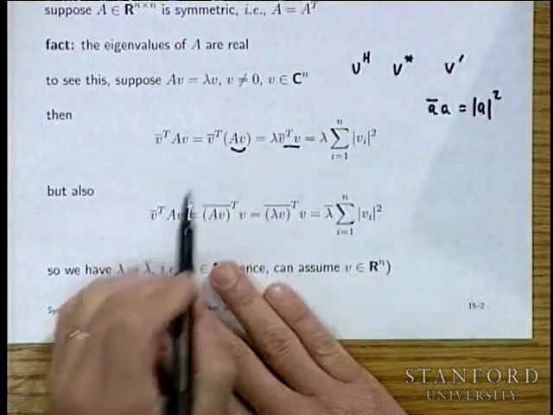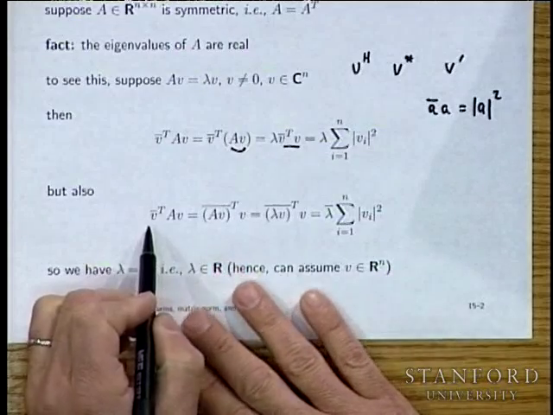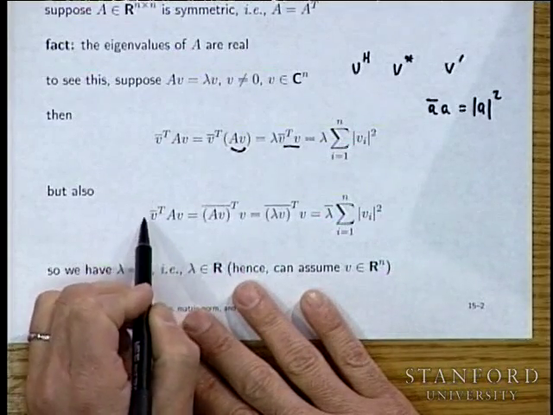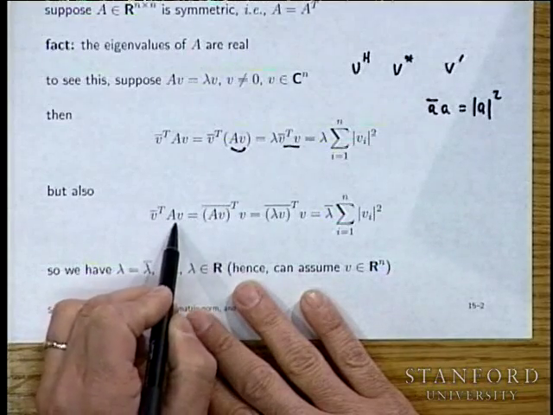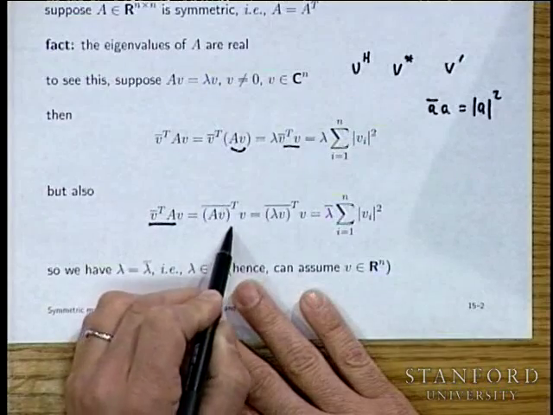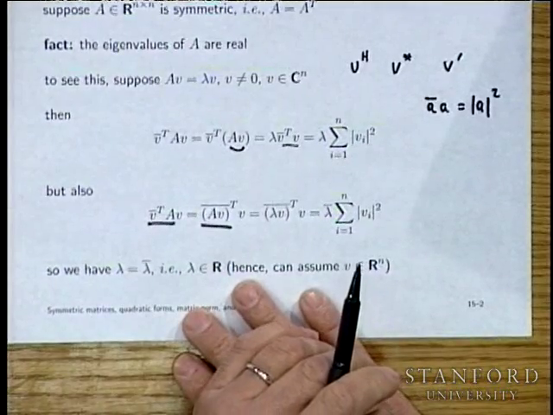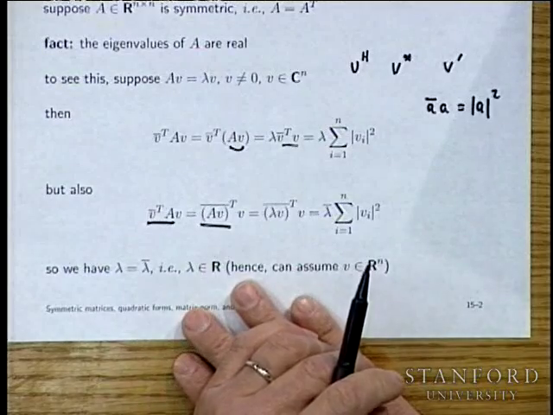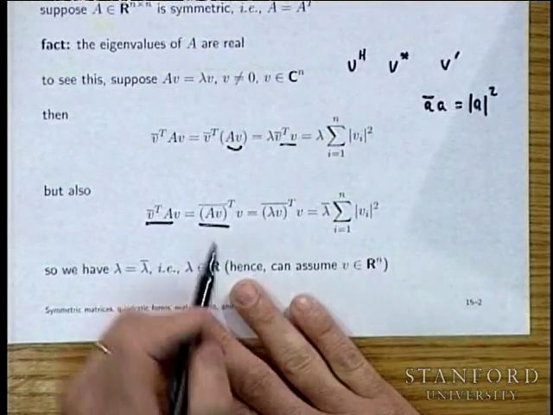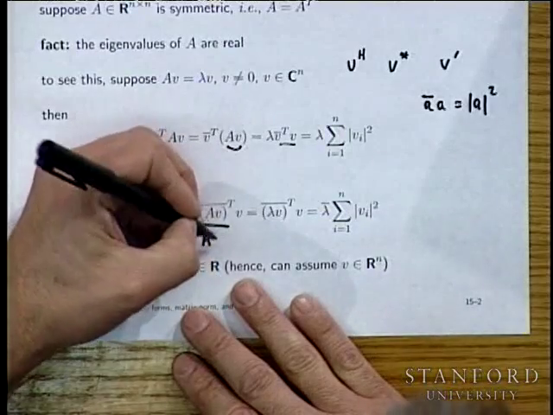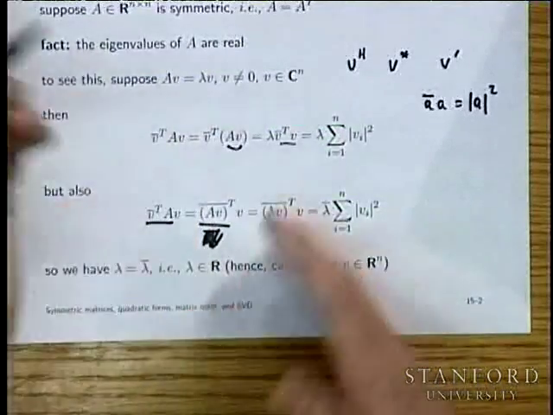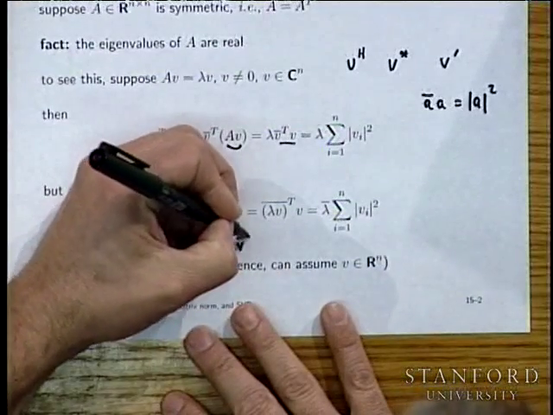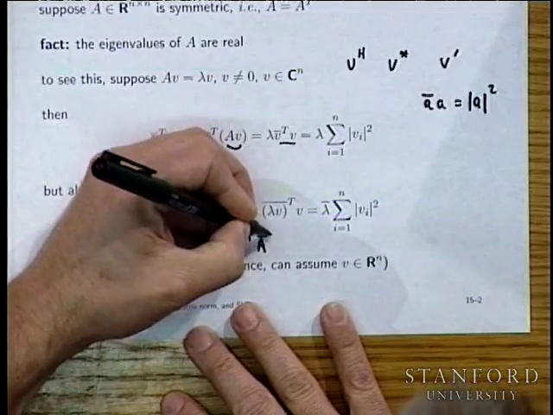Now we're going to do the same calculation, but a little bit differently. I'm going to take this thing here and replace these two with that expression. That's fair, and let's see why. We can do the transpose first. This is the same as Av conjugate transpose, which is v conjugate transpose A conjugate transpose.